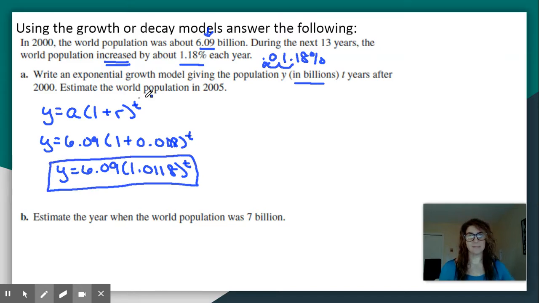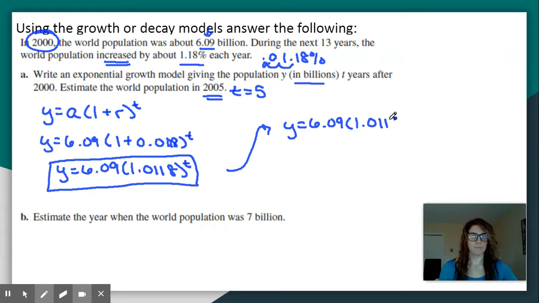Okay. The second part says estimate the population in 2005. Well, 2005 is how many years after 2000? It's 5 years after the year 2000. And again, remember, we're starting at 2000. That's what they told us. So we're going to use this function, putting in a 5. And this is just calculator work from here.